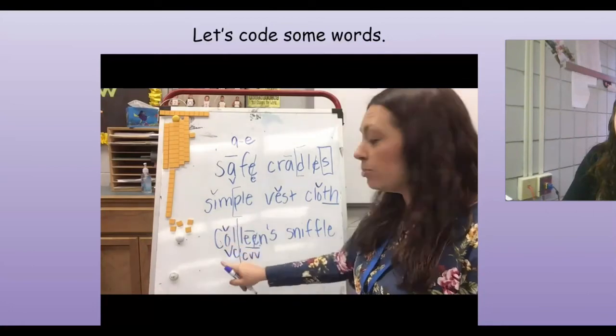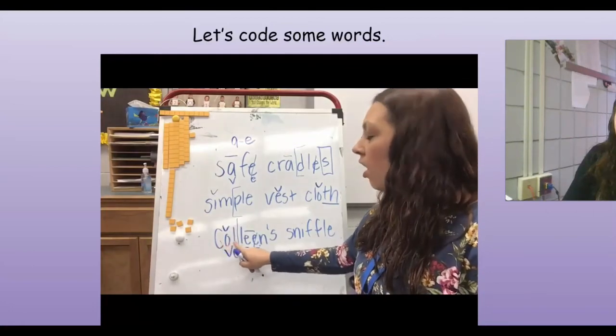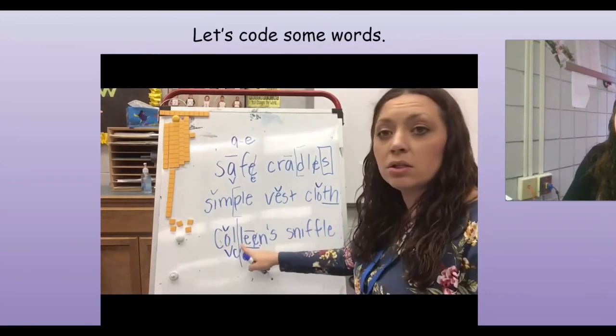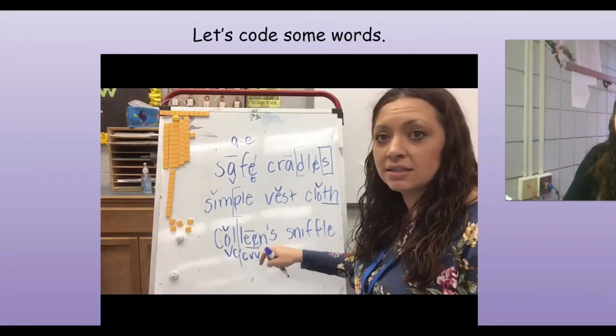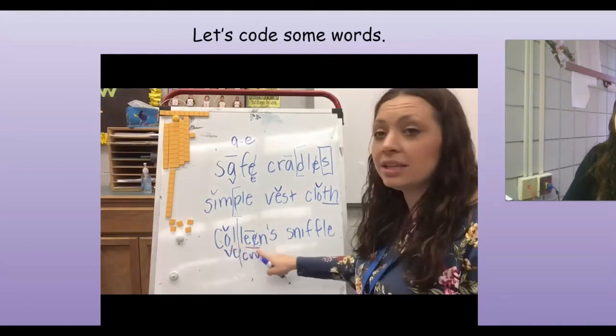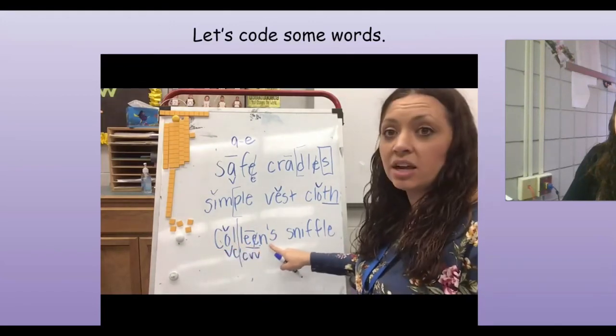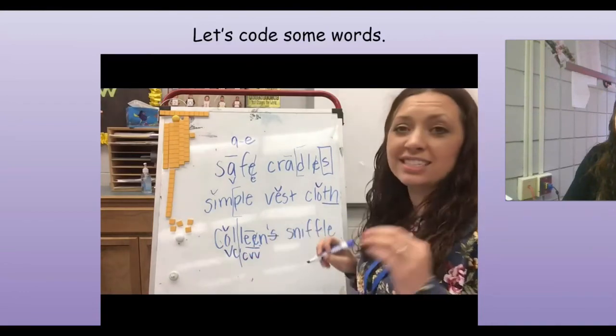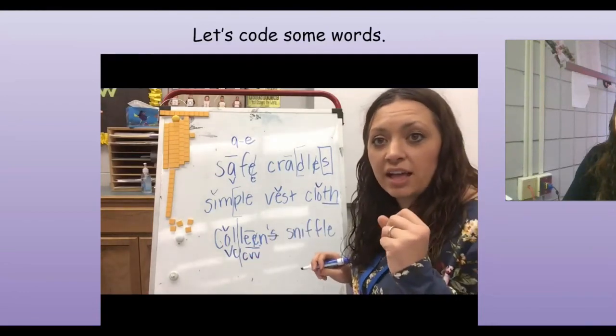So my first syllable says k, all, call, very good. And then I have eens, lean, so Colleen, and then possessive, Colleen's, very good. And remember, when it's got that apostrophe S, it's going to make the Z sound on the S.